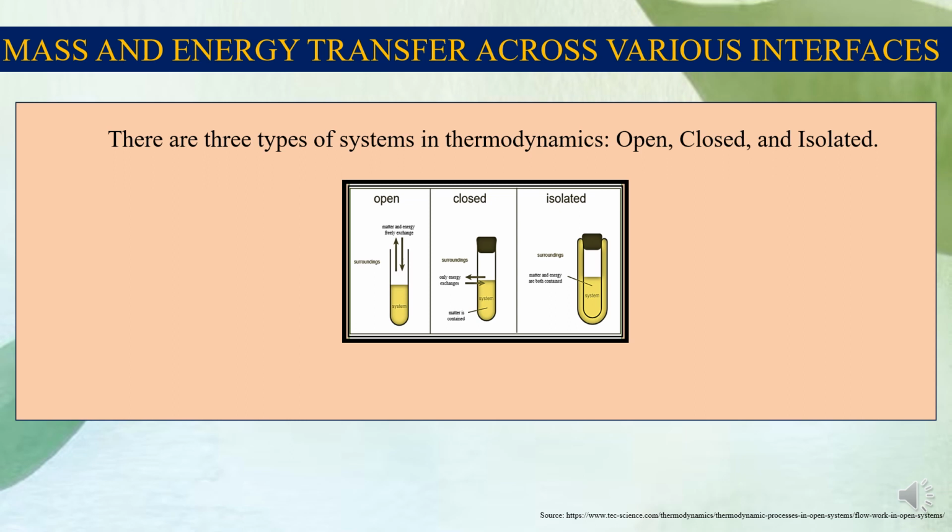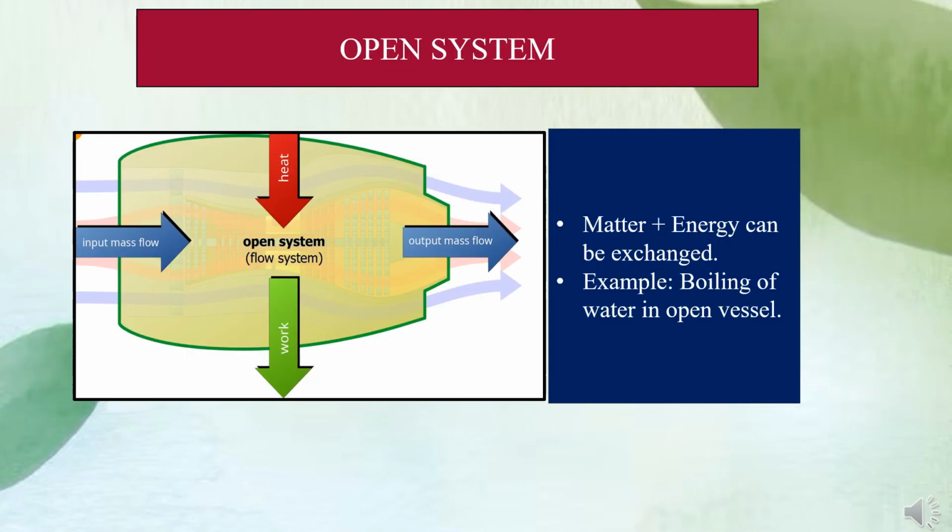There are three types of systems in thermodynamics, classified as open systems, closed systems, and isolated systems. First, the open system: if the thermodynamic system has the capacity to exchange both matter and energy with its surroundings, it is said to be an open system.